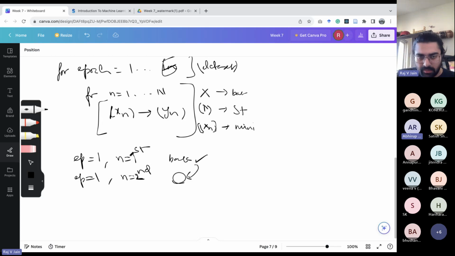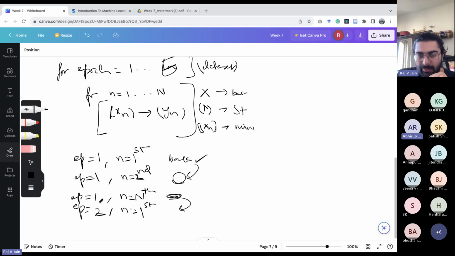I meant first sample: n equal to first sample I use, and n is equal to basically capital N, and I now want epoch equal to 2. Epoch equal to 2 with n equal to 1 will be the starting point after the first epoch. Yes. So whatever got updated here, that will be the starting point here.